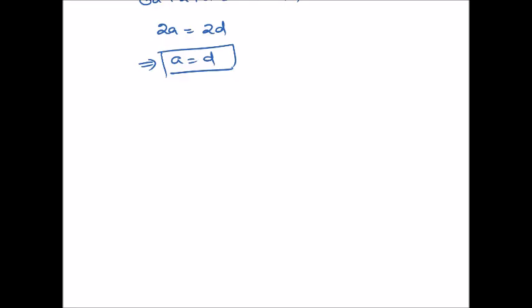Now, given that the sum of first 6 terms is 42, that is, Sn = n by 2 into (2a + (n - 1)d). Here we need S6.